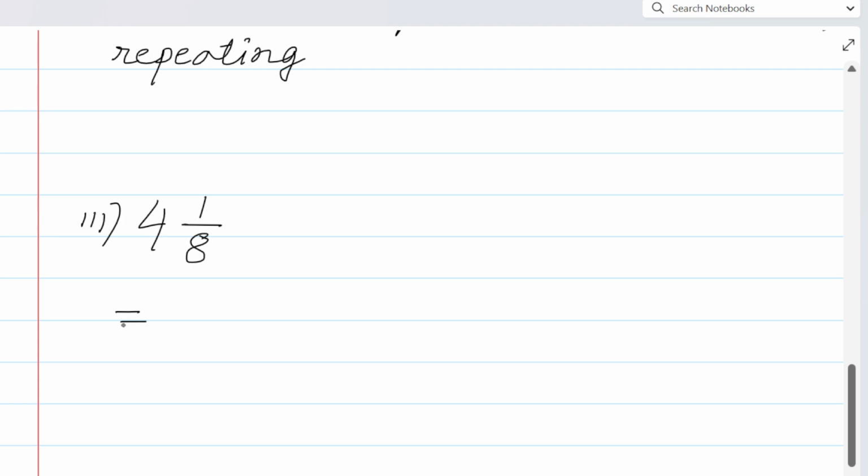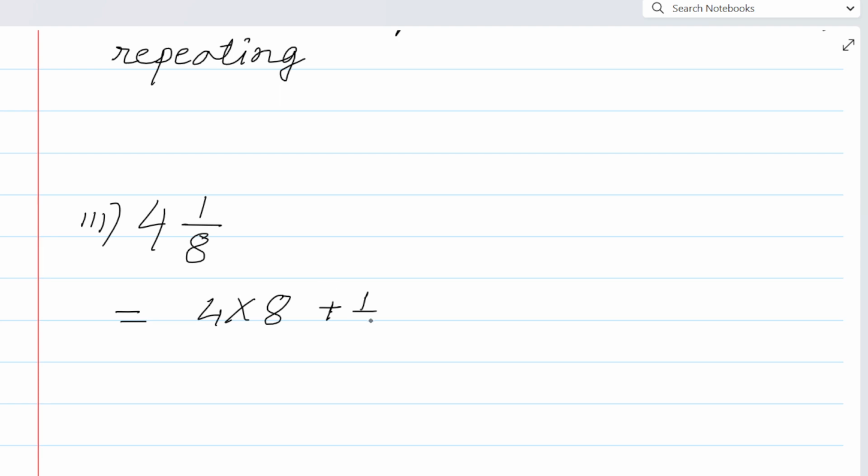you have already done in the earlier classes. If you have this type of sum, what you have to do, you have to multiply this 4 with the denominator and then add the numerator. Means 4 eights are 32 plus 1. Multiply the denominator with 4, then plus, take the numerator, whatever value we have.